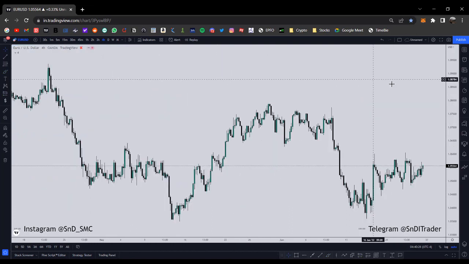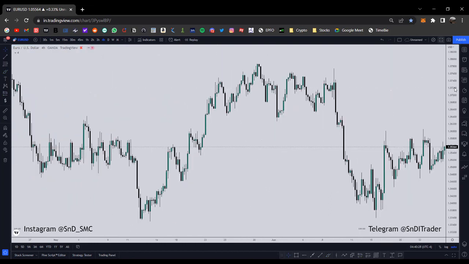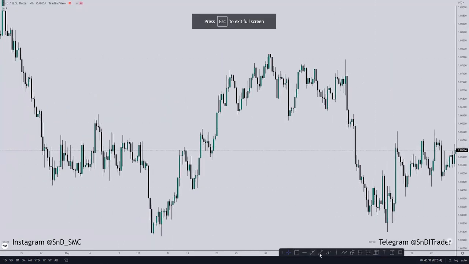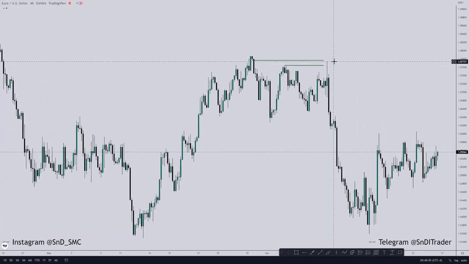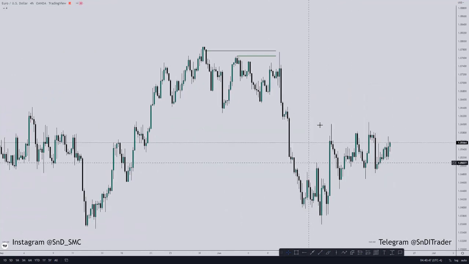This is the Euro USD chart. So we have a fair value gap here. What happened here? This was the fair value gap here. Price came and filled half of the fair value gap and dropped again.